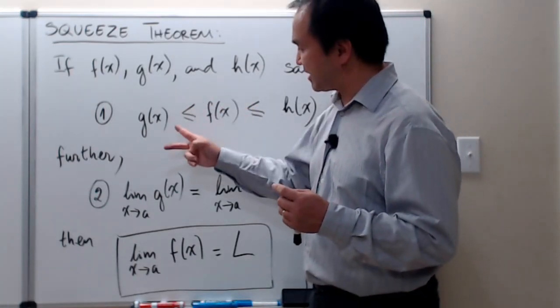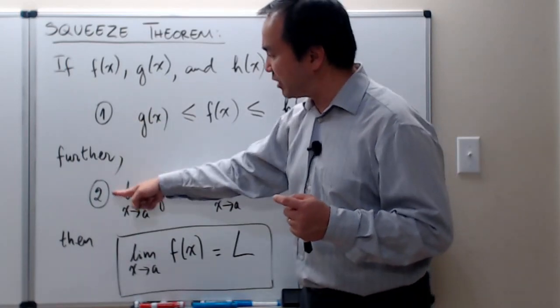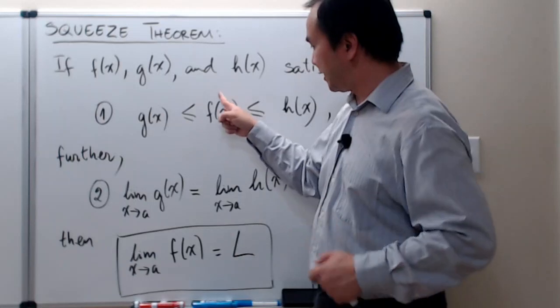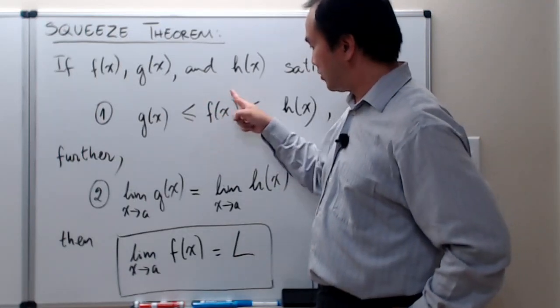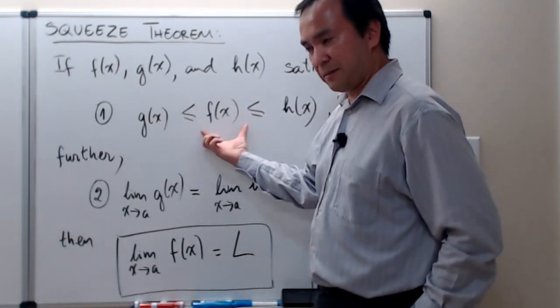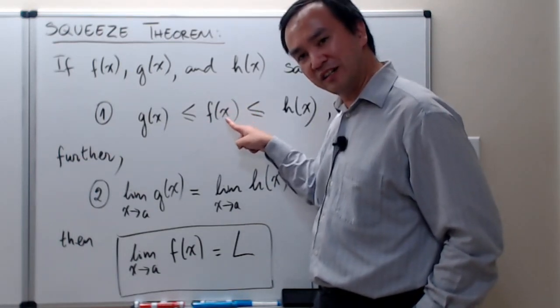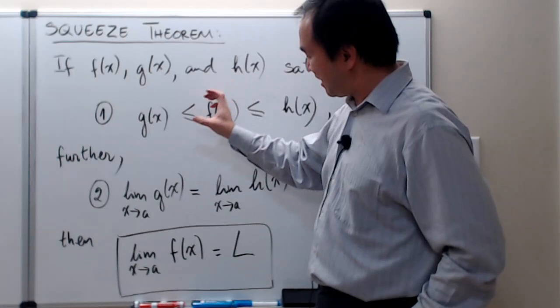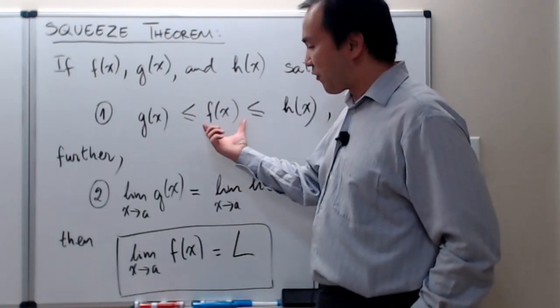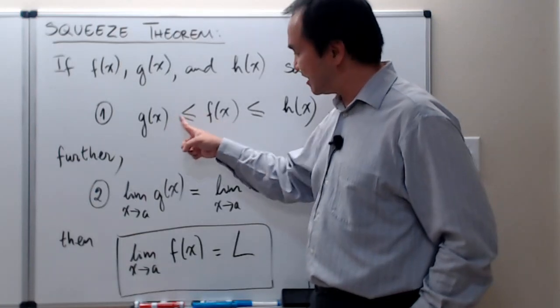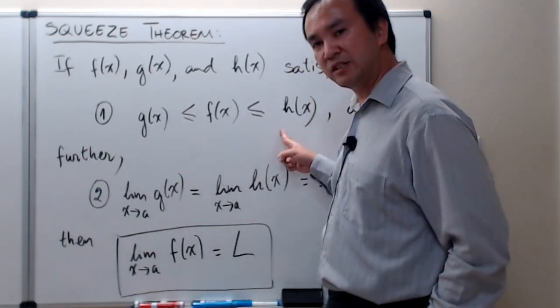All right, so after looking at the theorem, before I start into an actual example, the essential understanding of this theorem only breaks down into two requirements. As long as you can meet the number one requirement, as long as you can recognize that the function in the middle right here is the function that we're trying to find the limit of, and that it is being trapped between two other functions.